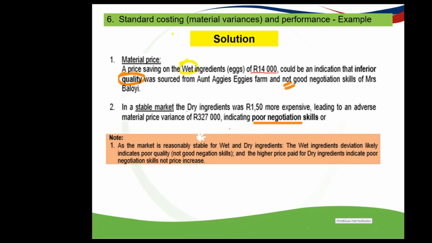So even though she thinks the quality is fine, maybe there's an issue with the quality of the eggs that she bought, and it's maybe not good negotiation skills. Okay. And in a stable market that we told you, she's now paying R1.50 more for the dry ingredients. And as the market is stable, that is an indication possibly of poor negotiation skills. Okay.